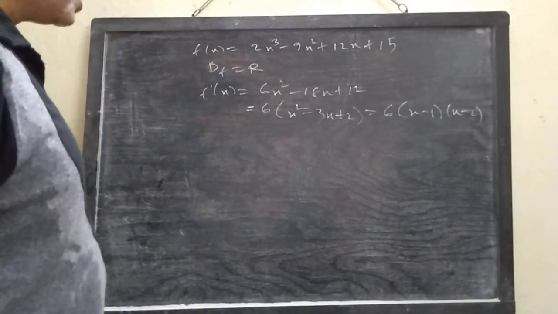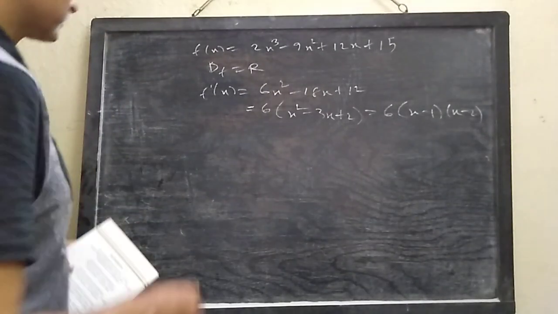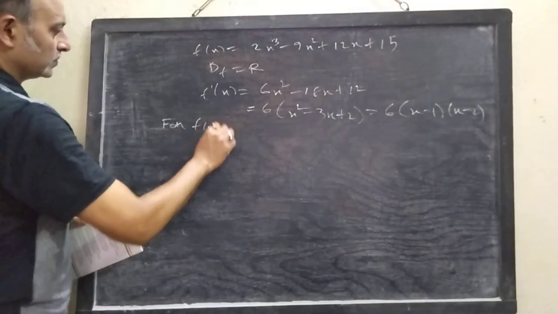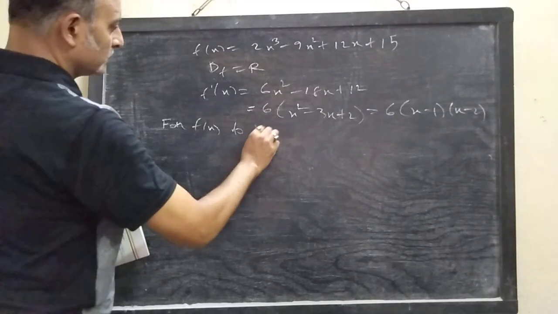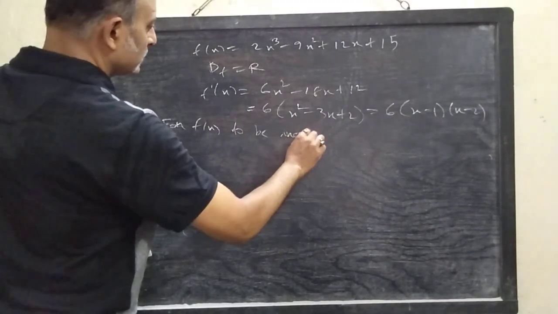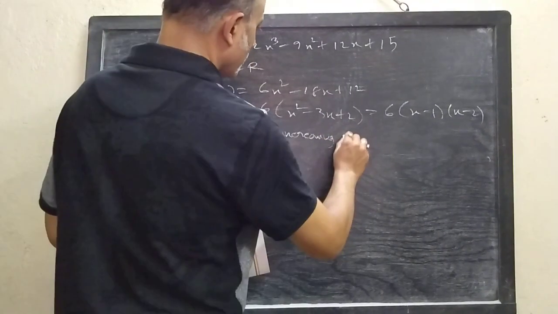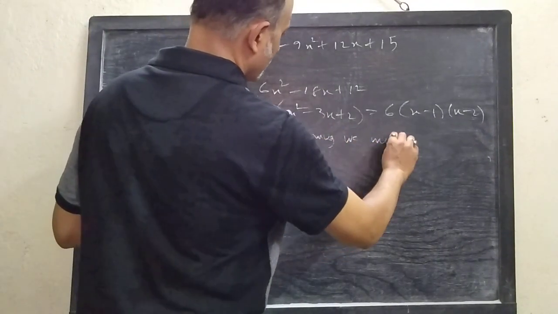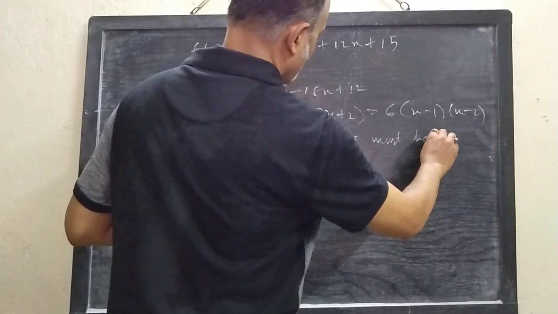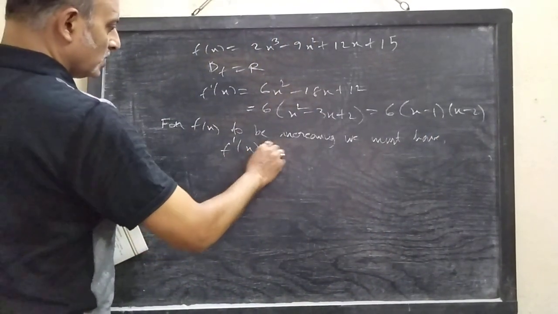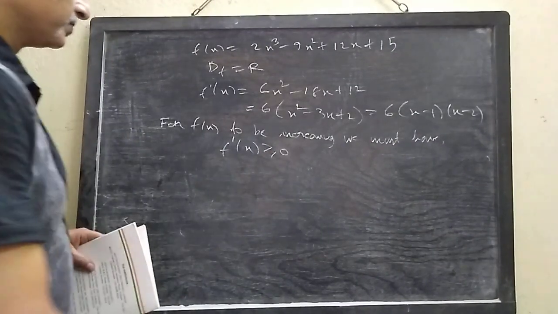Now for f(x) to be increasing, we must have f dash x greater equals 0.